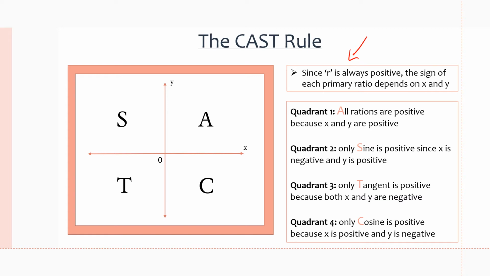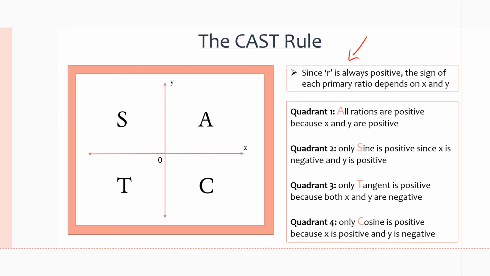So how does the CAST rule work? Well, we start in the fourth quadrant, and we spell CAST going counterclockwise, placing a letter in each quadrant. Each letter of C, A, S, T represents which primary trigonometric ratio is positive in that quadrant. Remember, positive, not negative.